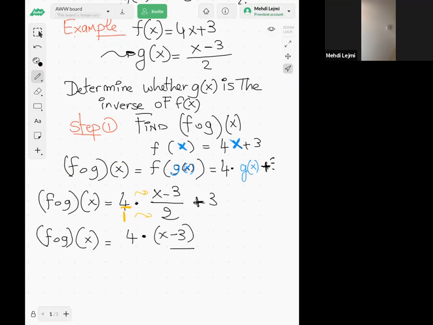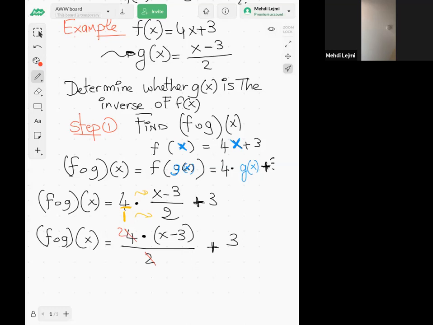And in the denominator, we have 1 times 2, so it's just 2, right? Plus, then there's plus 3. All right. Now, here you can reduce 4 over 2. You see this 4 over 2, 4 over 2 is 2, right?